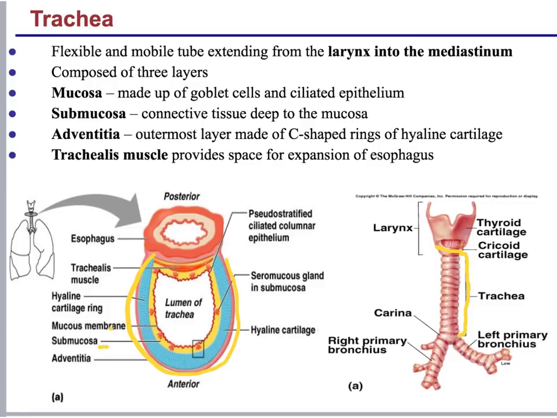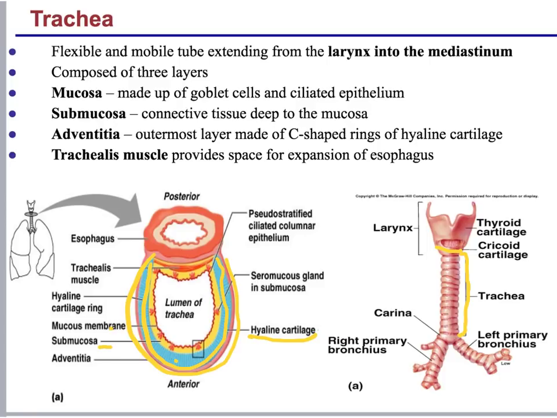The next layer is called the submucosa, and it has somewhere between 16 to 20 C-shaped cartilages in its structure. These cartilages are made of hyaline cartilage, and their presence is critical because it keeps the trachea rigid and open for the air to pass through.